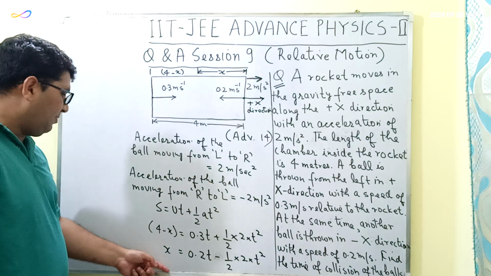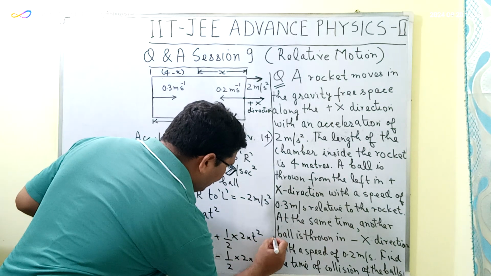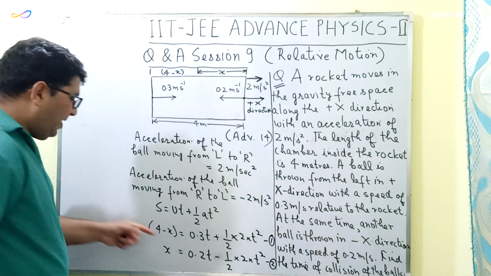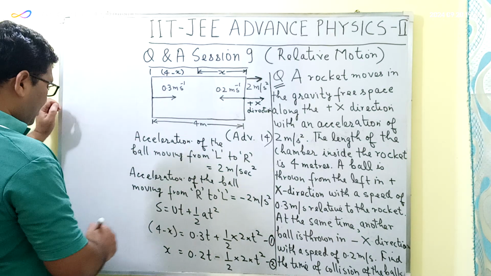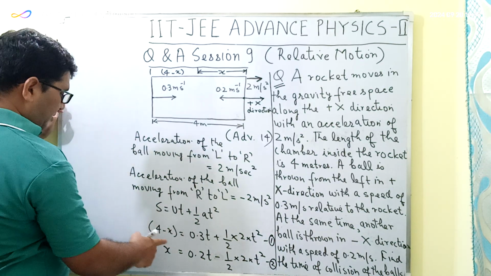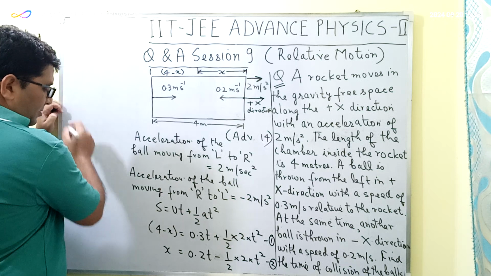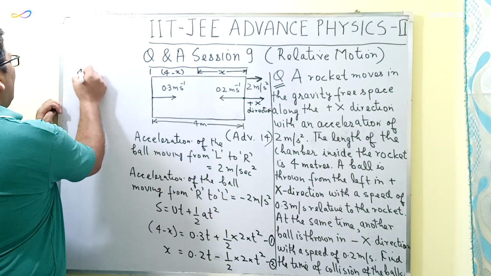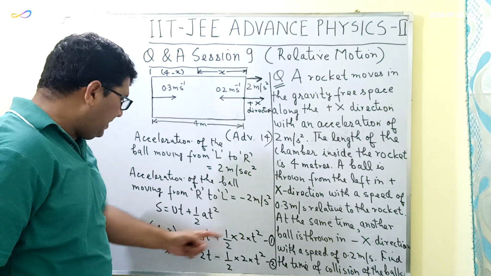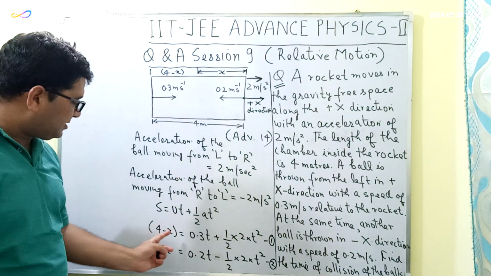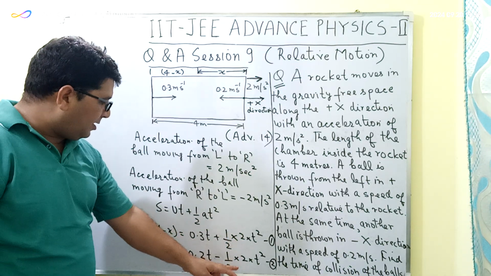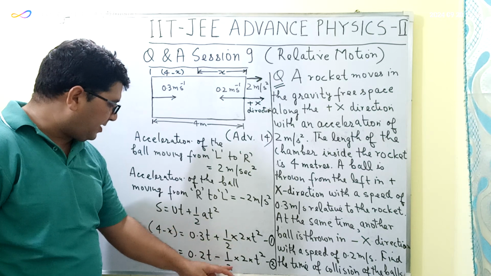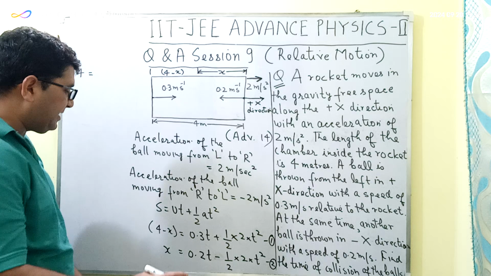Let us say this is equation number 1 and this is equation number 2. If I add both these equations, on the left hand side I will get 4 minus x plus x, which will be equal to 4. By adding these two equations, on the right hand side, the 1 by 2 into 2 into t square and the minus 1 by 2 into 2 into t square will get cancelled out.